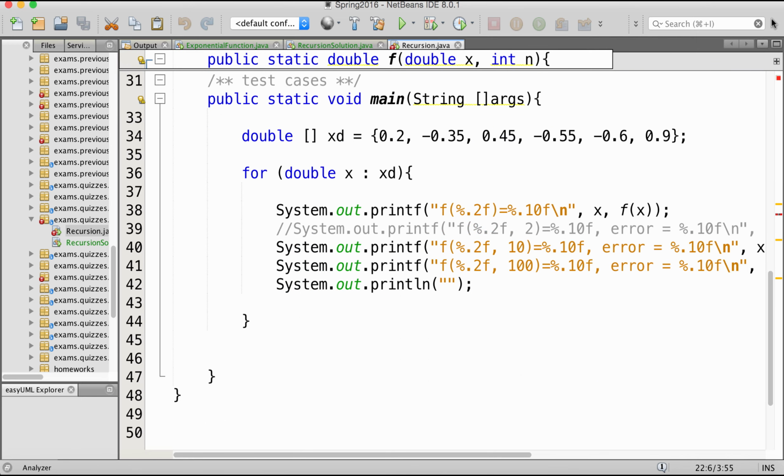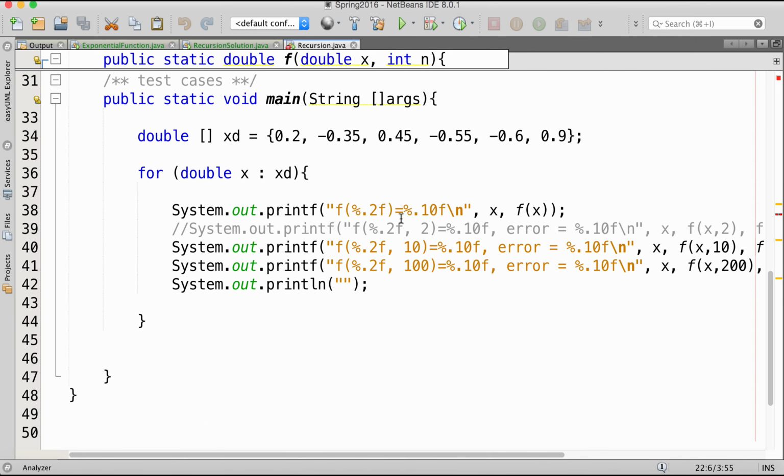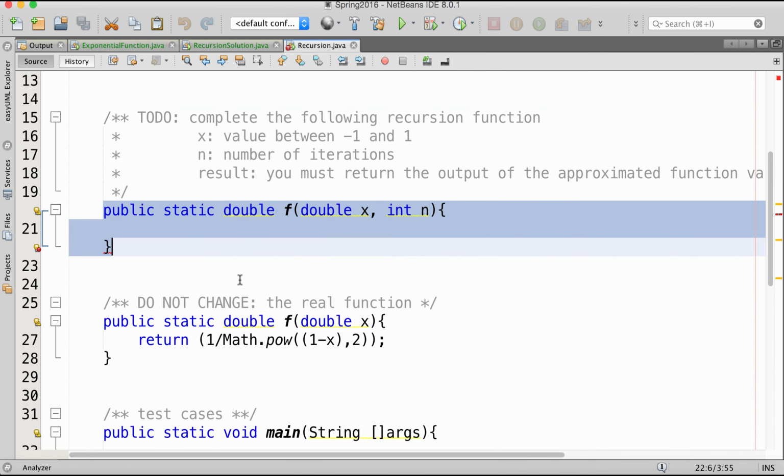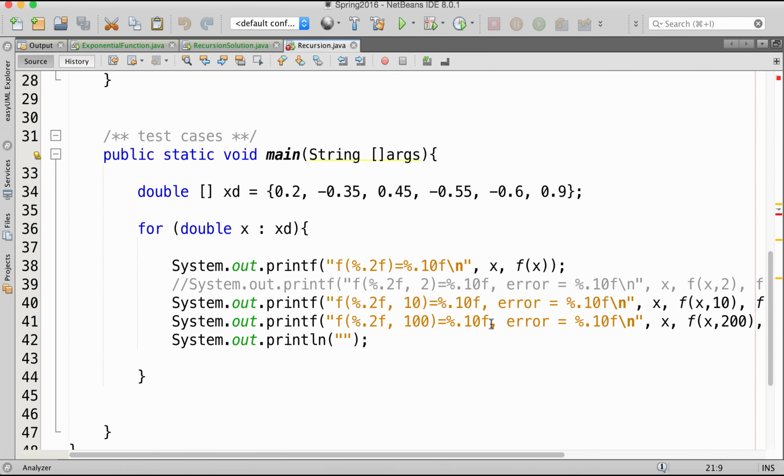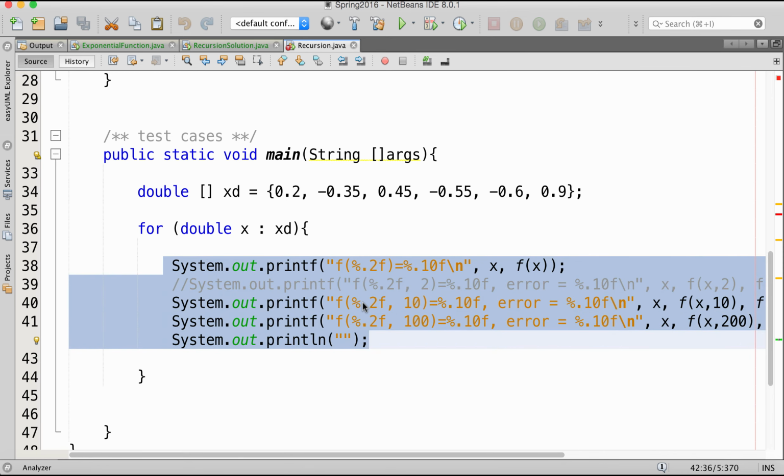Below it there is a test case. When you write your function, you can compare, and you can also compare with the error. If your function is correct, you should have a very small error. And at the end, you have to print the output that you get.